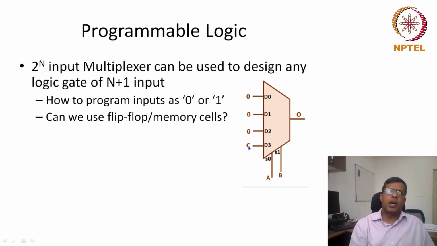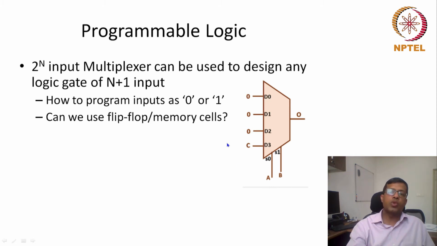But when we are trying to use these multiplexers as programmable logic, the combination which we use is that the inputs to all these multiplexer data inputs are only 0 and 1. The input signals are not used as an input to this mux.